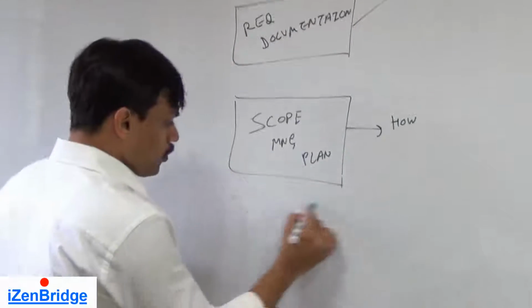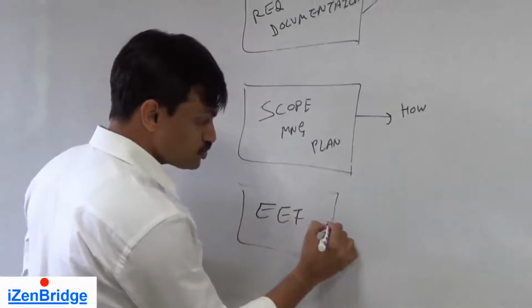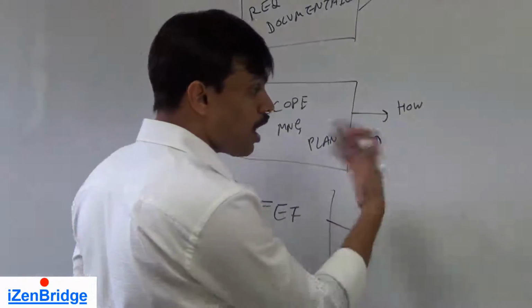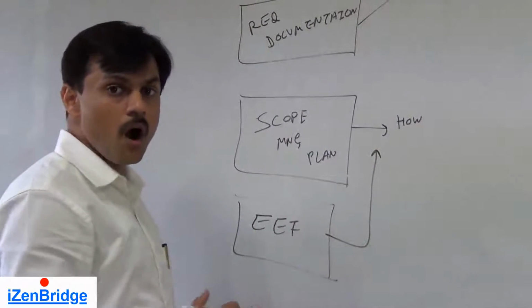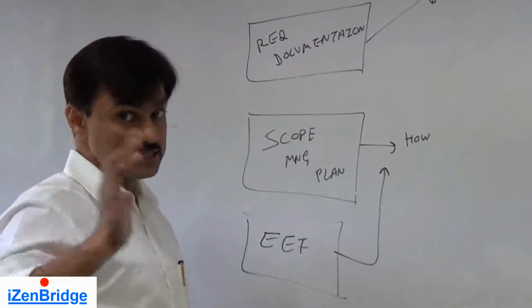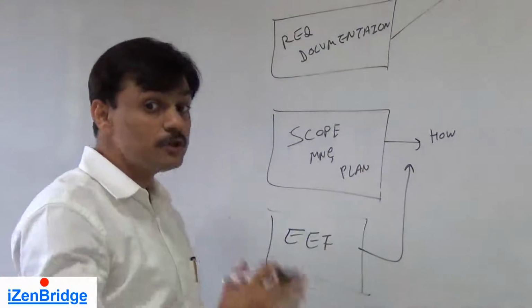We also need to know our enterprise environmental factors, because they constitute how things work in this organization, how we visualize things, and the external environment, like availability of manpower or availability of alternatives.